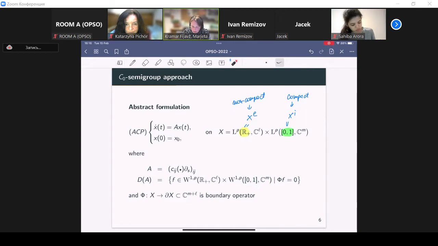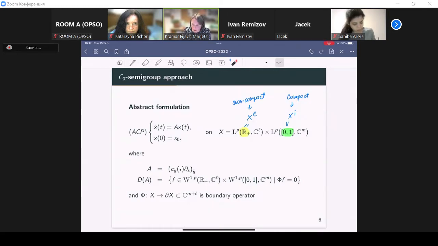And the operator is this guy. These coefficients depend on space and the space derivative. Let me stress here that this is not diagonal. So this coefficient matrix could be a non-diagonal matrix, okay?